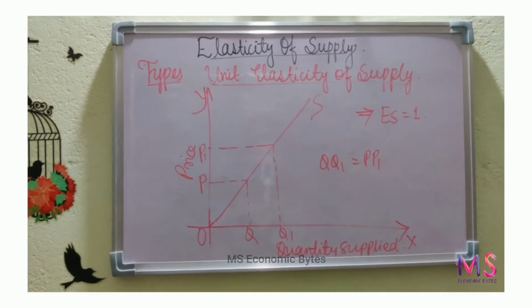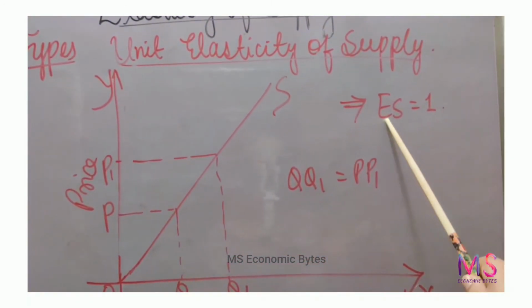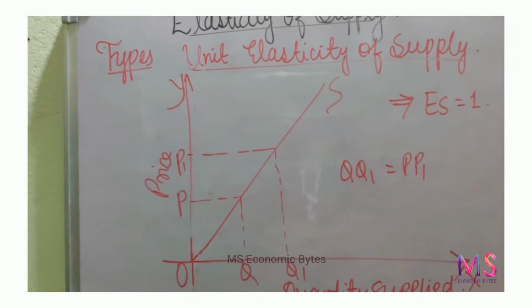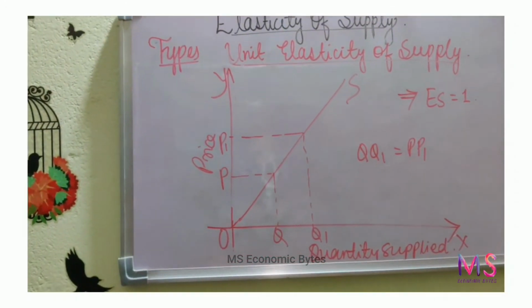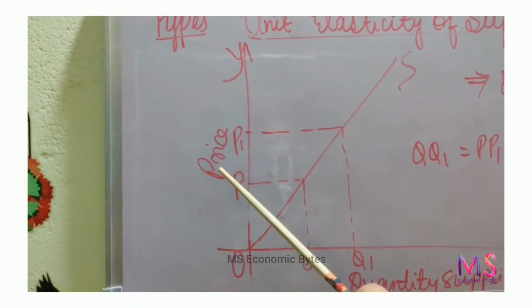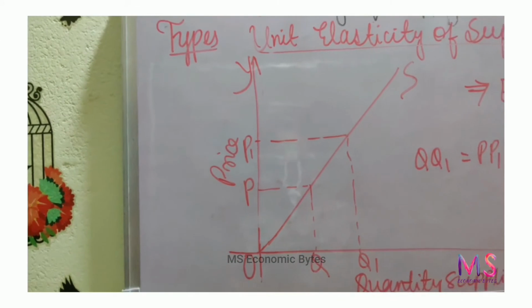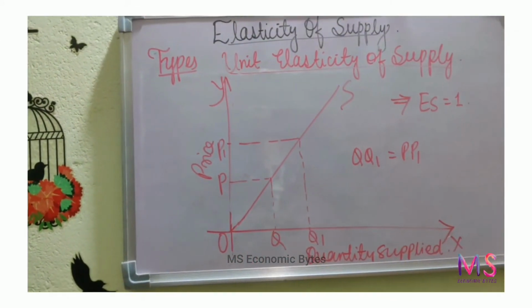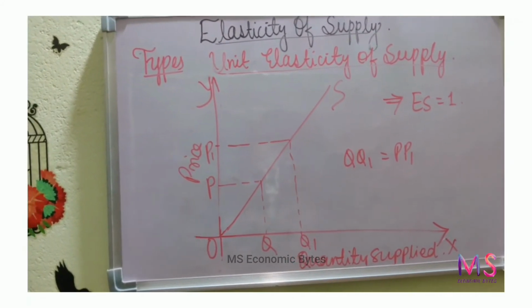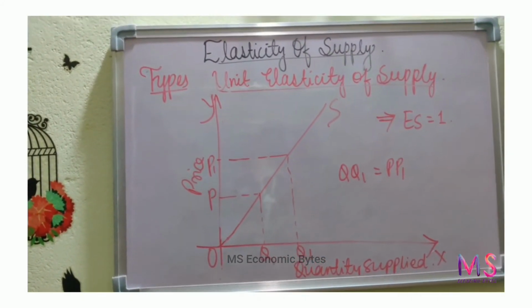In this case, elasticity of supply, that is ES, is equal to 1, and you can clearly see in the figure that QQ1 is equal to PP1. That is, the magnitude of change in price and quantity supplied is the same.